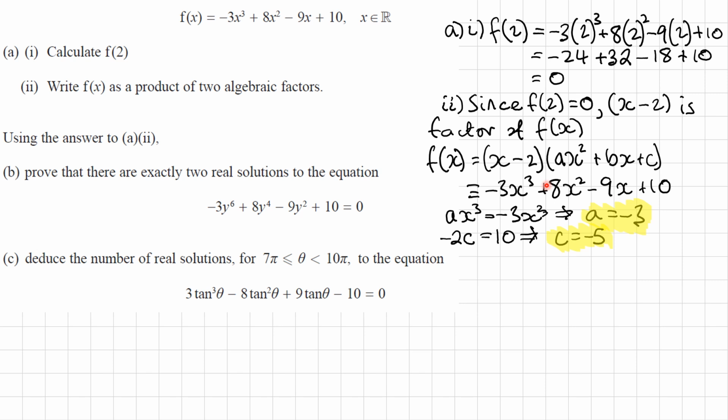And what we're going to do now is move on to working out what b is. Now there's a couple of ways of working out b. I can look at the coefficients of the x squared term or the x term. I'm going to look at the coefficient of the x squared term and think about what needs to be multiplied out to give me that 8. Well, there's two sets of terms multiplied that are going to give me the x squared term, and that's going to be x times by the bx. Okay, so that gives me bx squared.